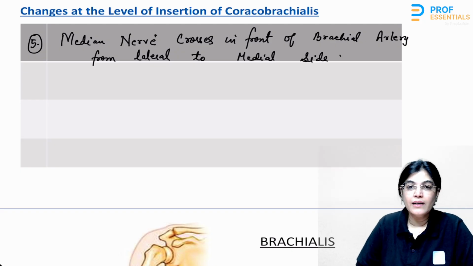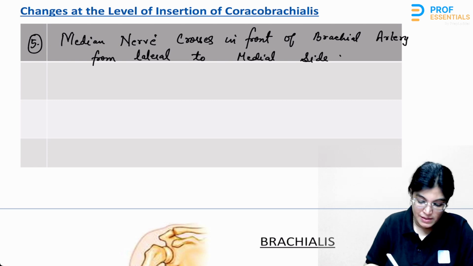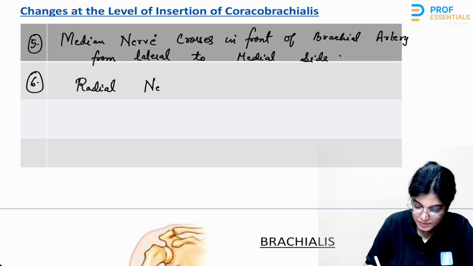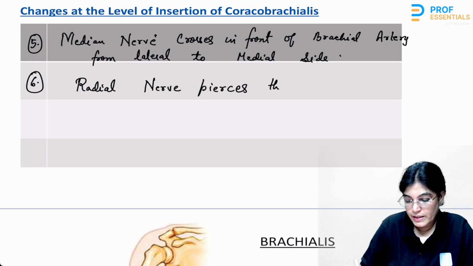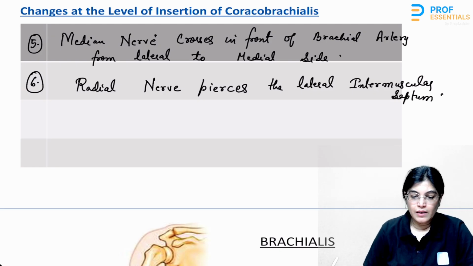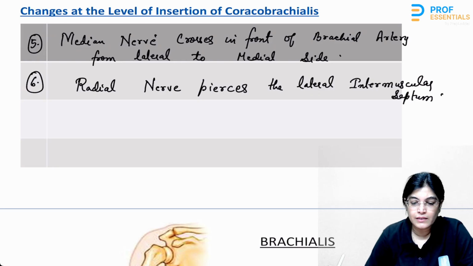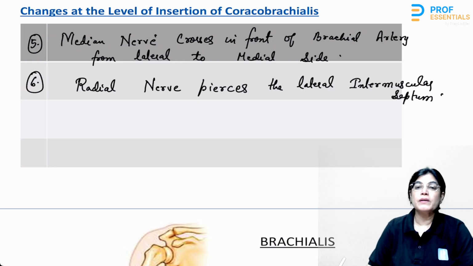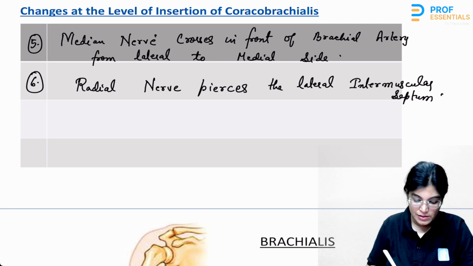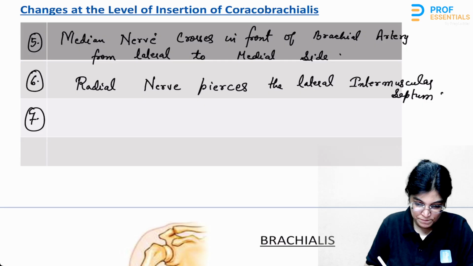And we have the radial nerve, which pierces the lateral intermuscular septum at this level. And if I talk about the ulnar nerve, it also pierces the medial intermuscular septum at this level, so the ulnar nerve will go posteriorly.